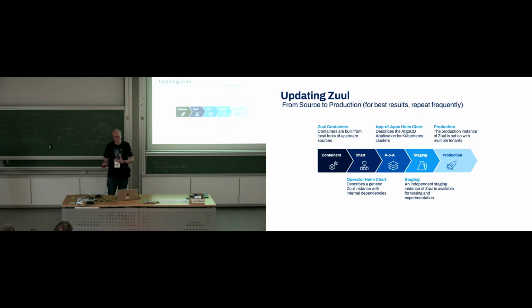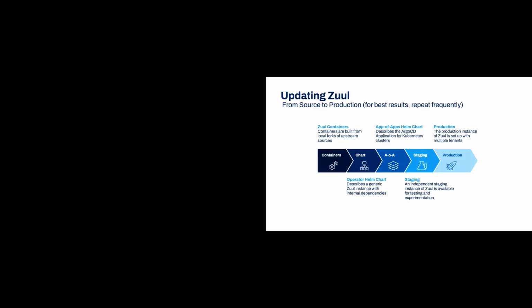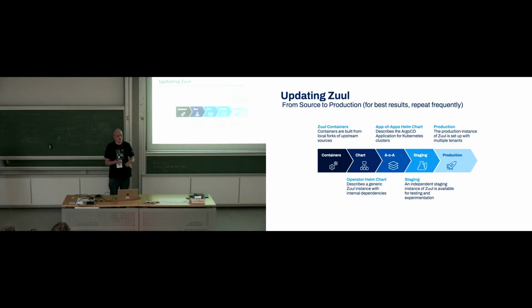This is important because we use that generic chart in the app of apps Helm chart. So this would apply to any other application, generic Kubernetes application that you would use, and we test the generic application pipeline that way. Then we build ourselves a staging version of Zuul and a production version of Zuul out of that Helm chart.